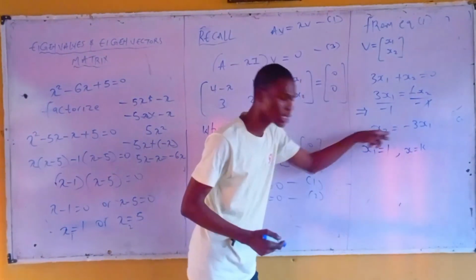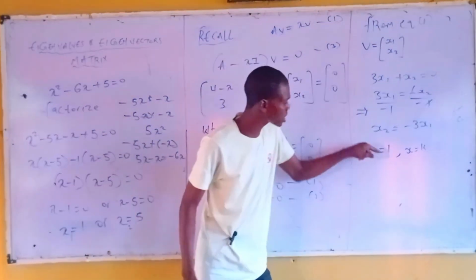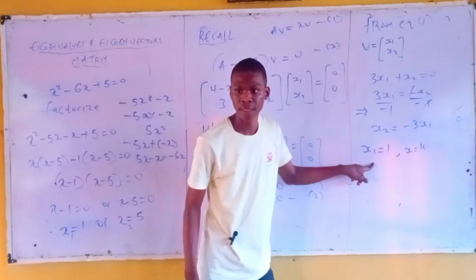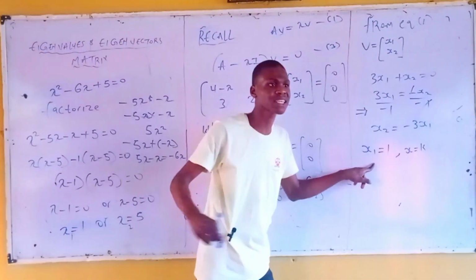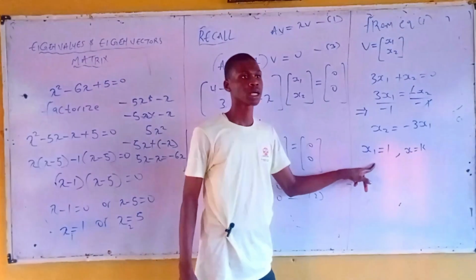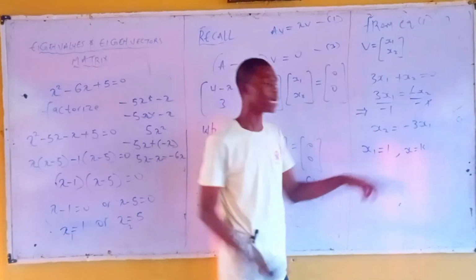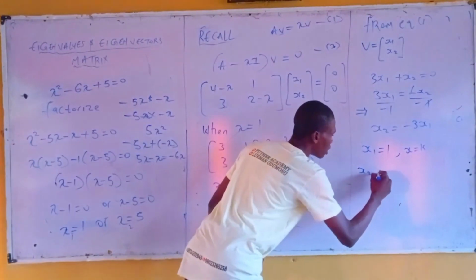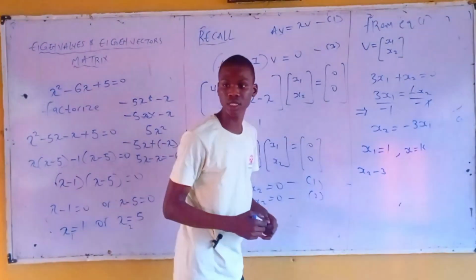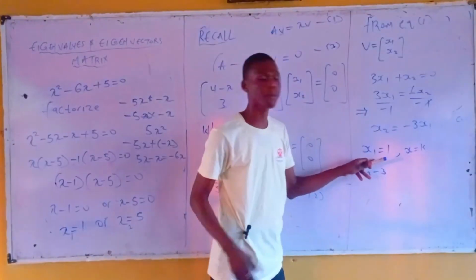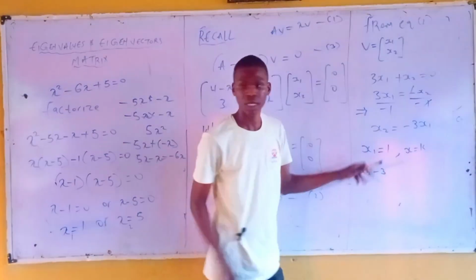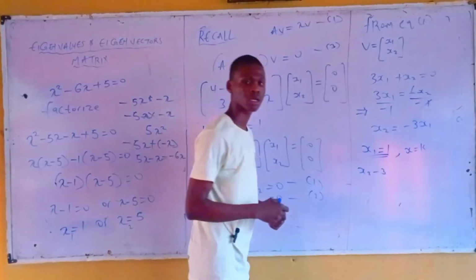I want to interpret this equation. When x1 is 1, x2 will be negative 3 times x1, so x2 will be minus 3. And how do you get minus 3? Negative 3 multiplied by x1. Are you with me? This is the first assumption.